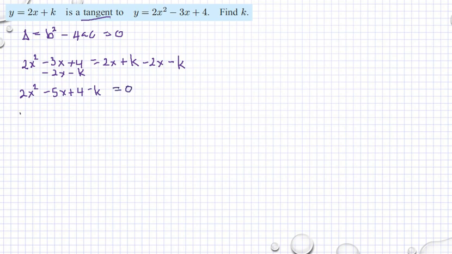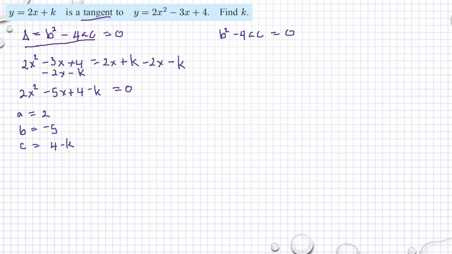So our a now is 2, our b is equal to -5, and our c is equal to 4 minus k. Using our discriminant now, b squared minus 4ac should be equal to 0.